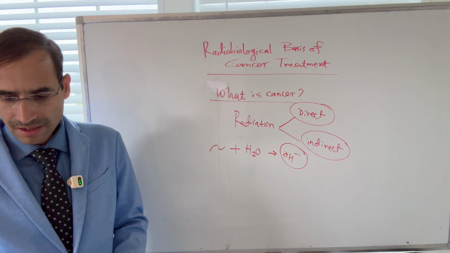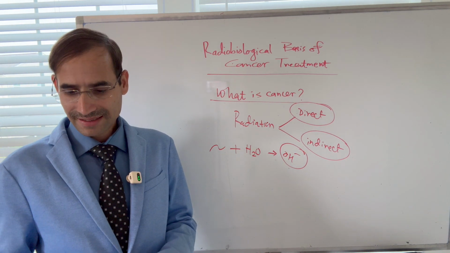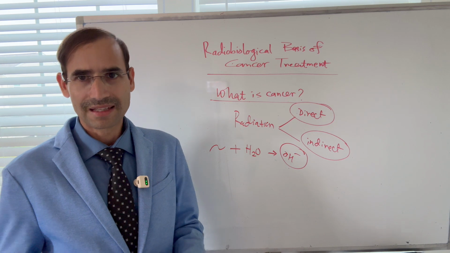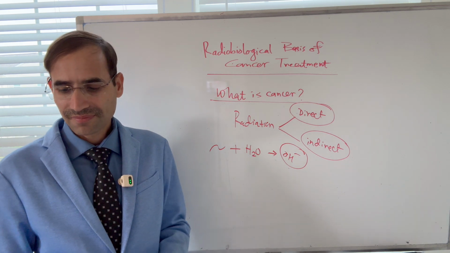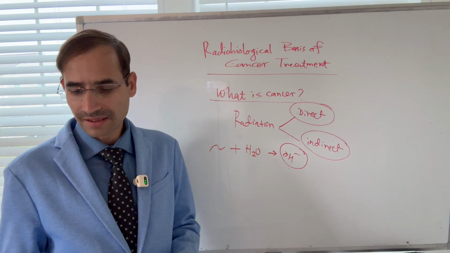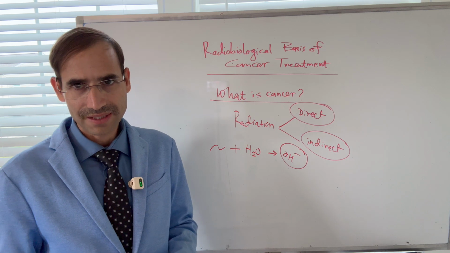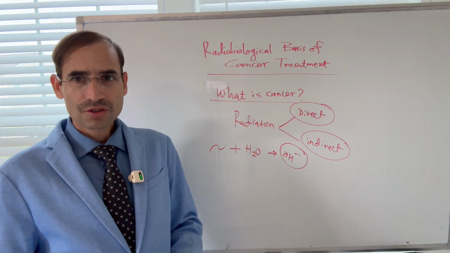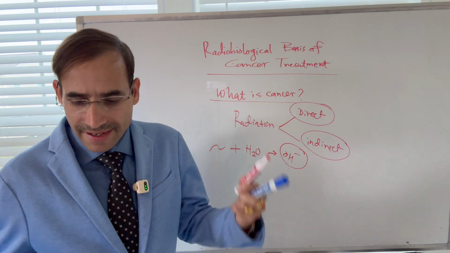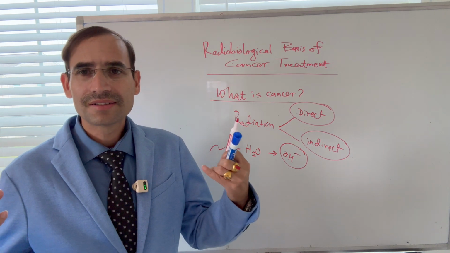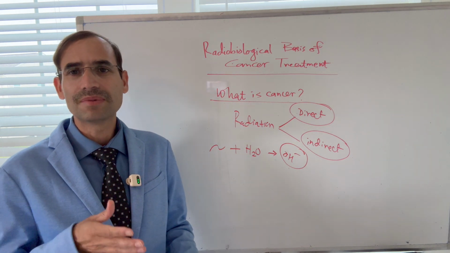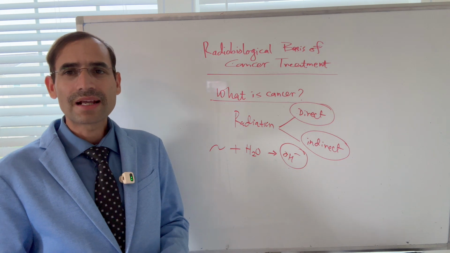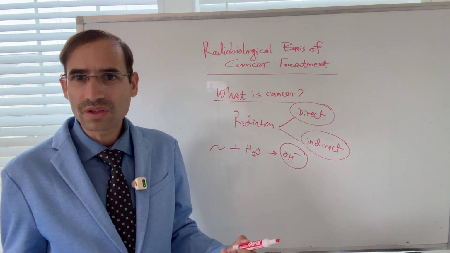Now, radiation therapy uses high energy rays to kill the cancer cell. It works two ways, a direct way and an indirect way. The radiation may be in the form of electrons, where you give electron therapy, or you can use X-rays, which are photons.